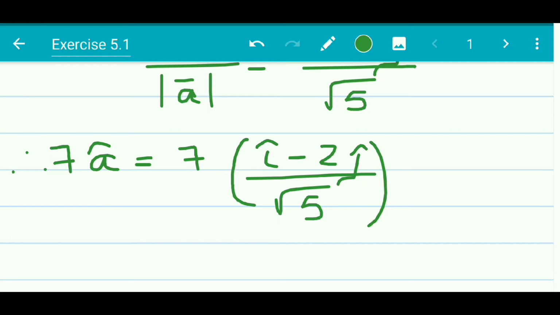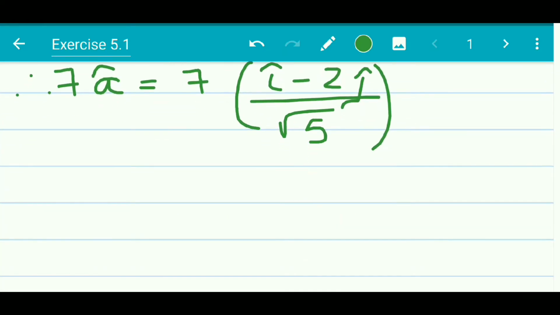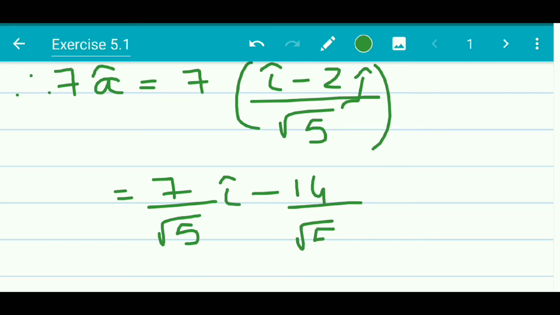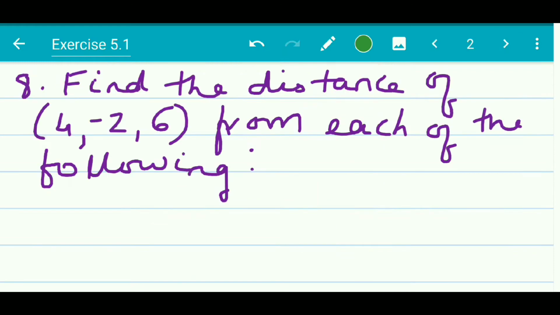Now you can keep it as it is, or you can open the brackets and write it this way. So you can write it as 7 upon root 5 i bar minus 14 upon root 5 j bar. So this becomes the answer for this particular sum.